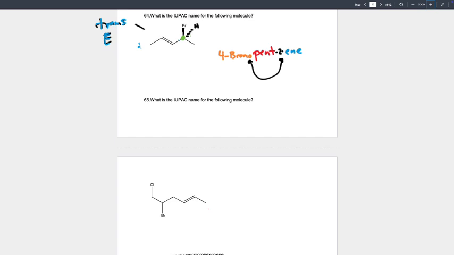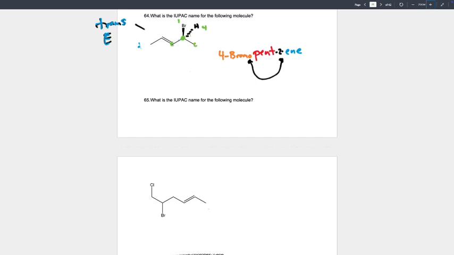So we go through and we assign priorities, similar to what we did for the pi bond, but now we just focus on the atoms. Bromine, having the largest atomic mass, gets assigned a 1. The hydrogen has the lowest atomic mass, so it gets assigned a 4. I would then look at the other atoms, carbon versus carbon.